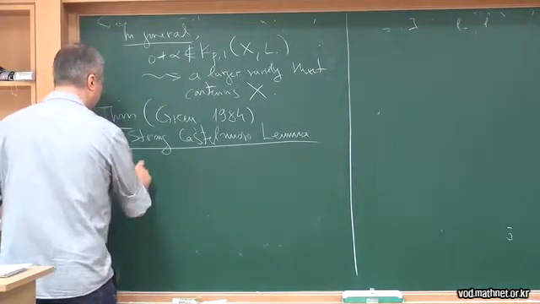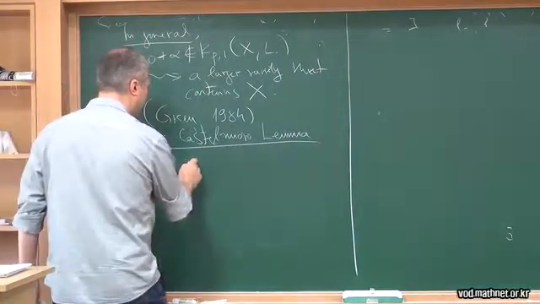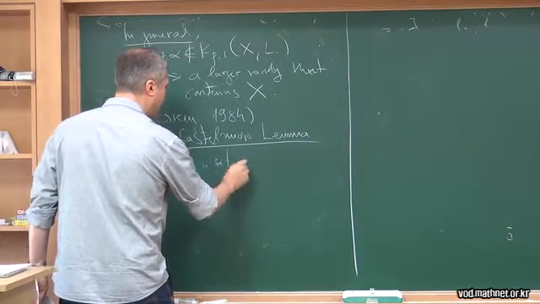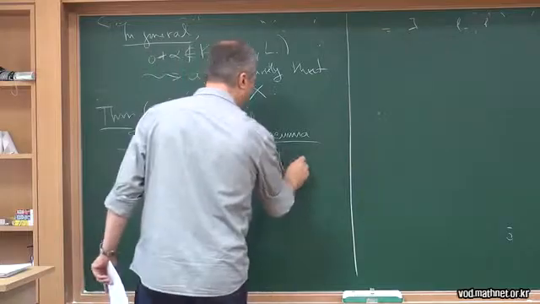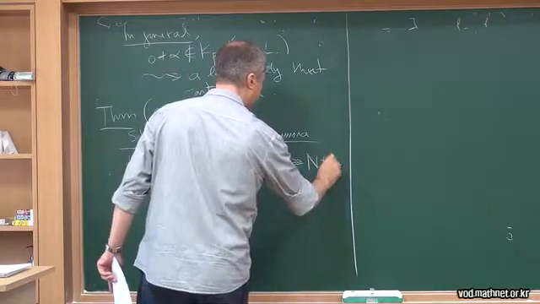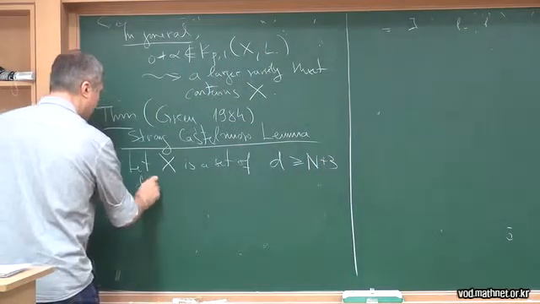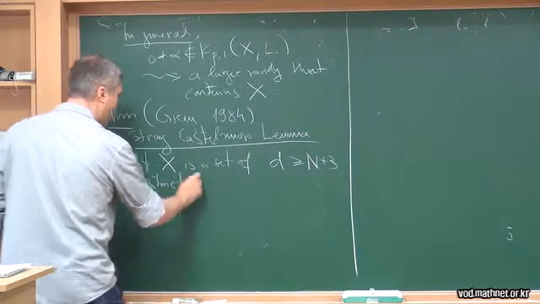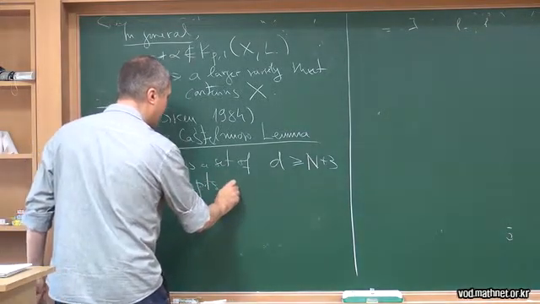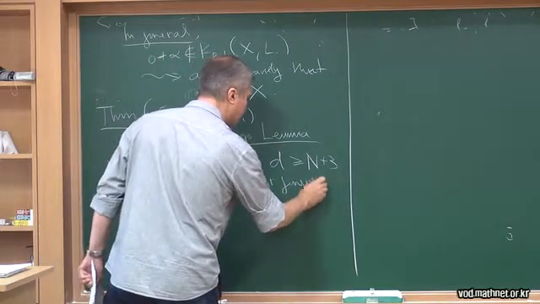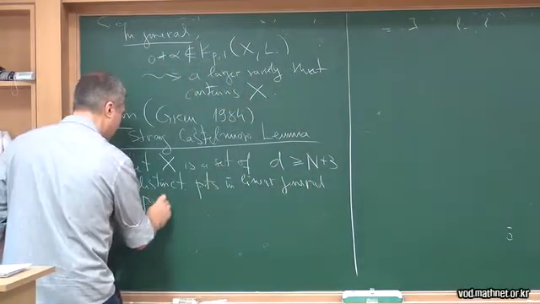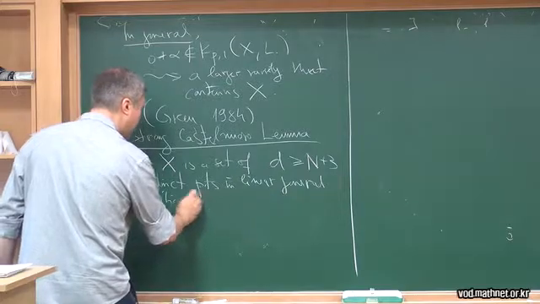Suppose X is a set of d, at least n plus 3, distinct points in linear general position in P^n.